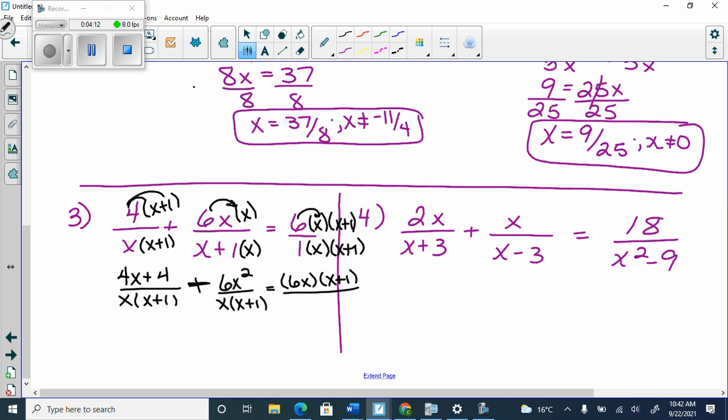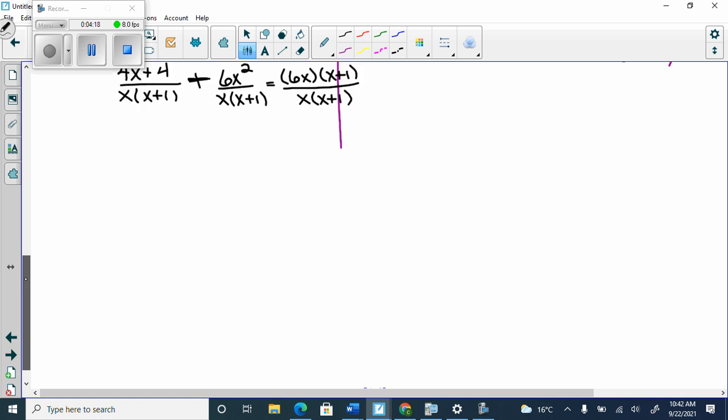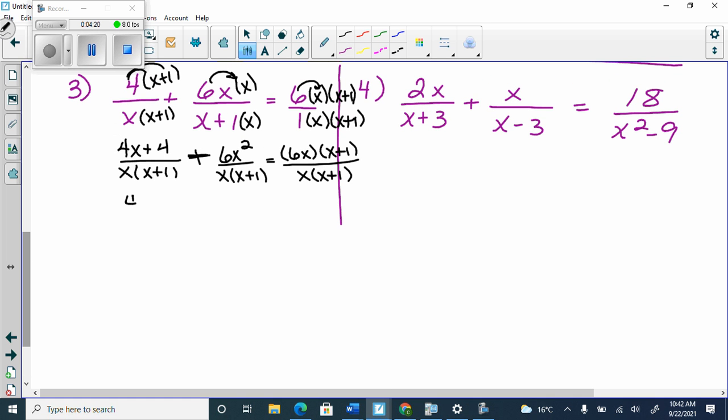So I just end up with an extra step. I'm going to put this side together because they have the same common denominator. So I'm going to get 4x plus 4 plus 6x squared over x, x plus 1.